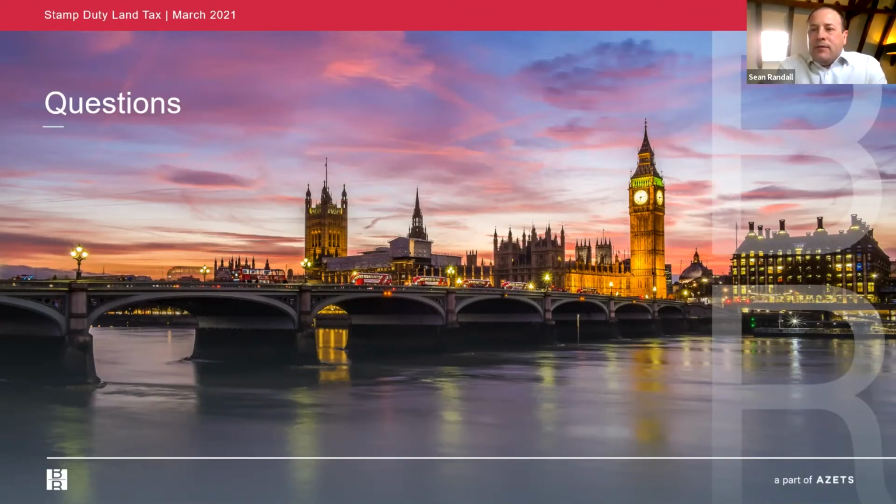For some time, people have been of the opinion that where you claim multiple dwellings relief on a mixed use property, so partly residential, partly commercial, the way the legislation is worded is that because the subject matter, the property, doesn't consist of exclusively residential property, then you don't pull in the 3% surcharge.